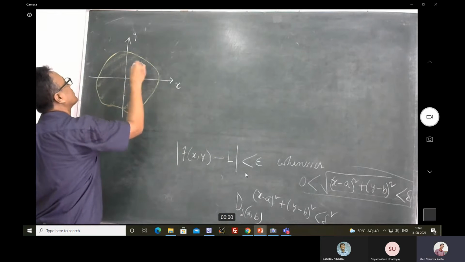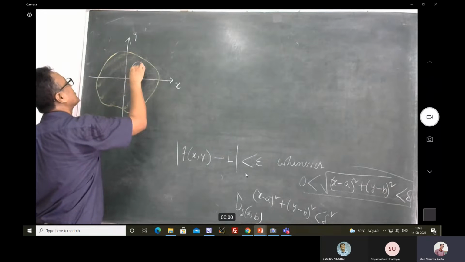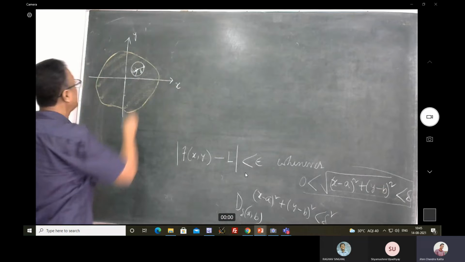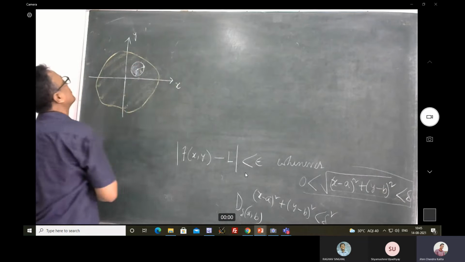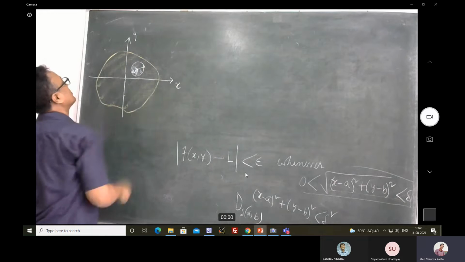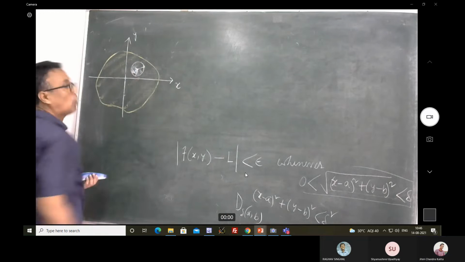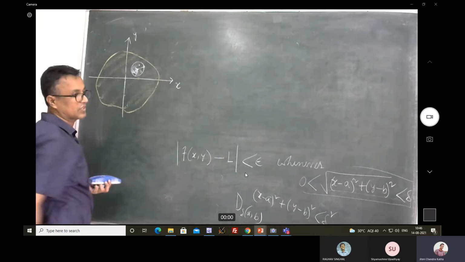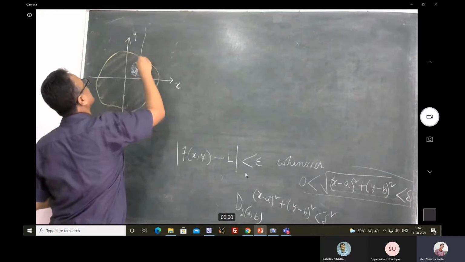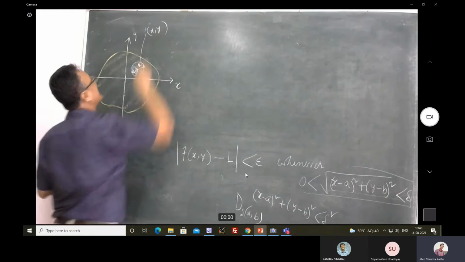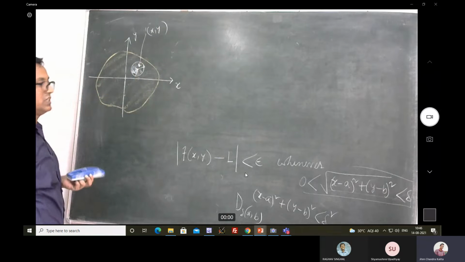So basically, this point is AB, and I am having this circle. Now, what I must have for all the points belonging to this circle? Suppose I take a variable point xy here.